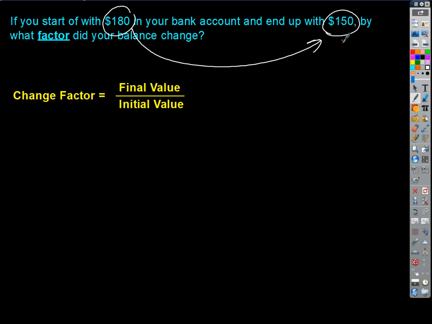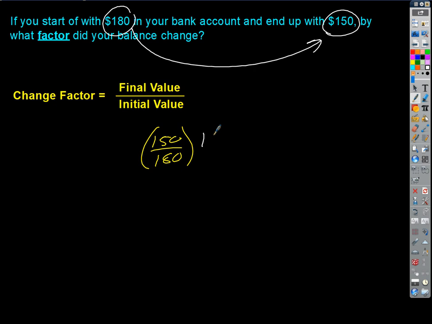What am I going to multiply 180 by to get 150? That fraction, right? Whatever your final value is divided by your initial value. So that's the change factor, or for us, it's a dilation factor when you're talking about functions, right? So what's that going to be then? That's just going to be 150 over 180.